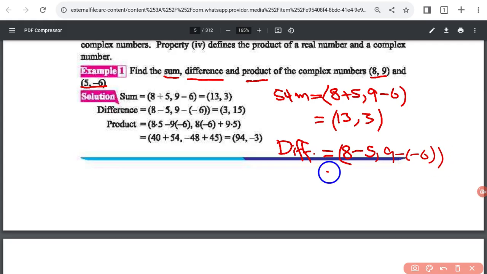Then we have 8 minus 5 is 3 and 9 plus 6 is 15. So this is the difference.